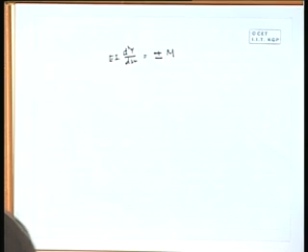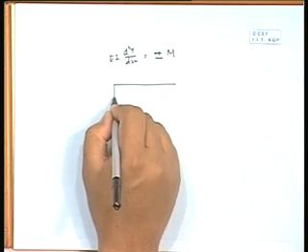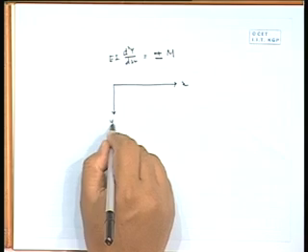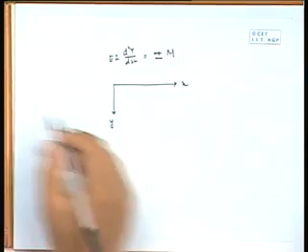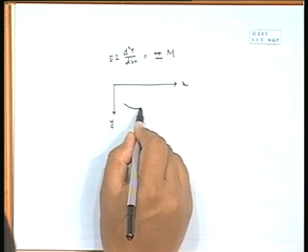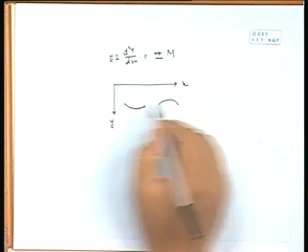Where to take plus and where to take minus depends absolutely on the sign convention. Say I am taking the axis system we took earlier, with x and y. Now, there might be a bending phenomenon like this, or there might be a bending phenomenon like that.